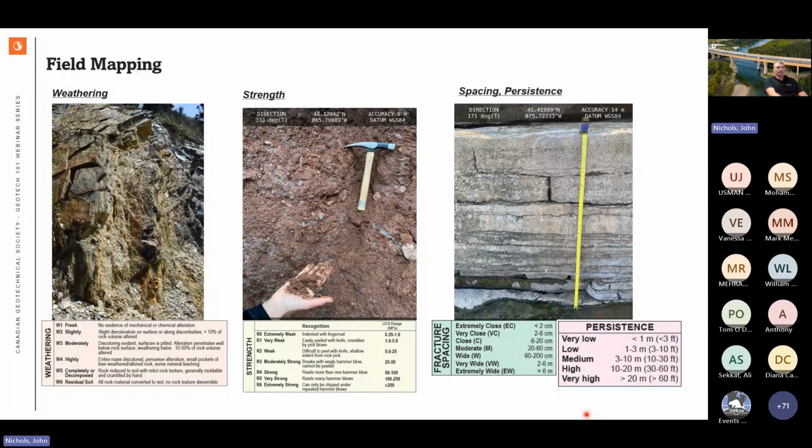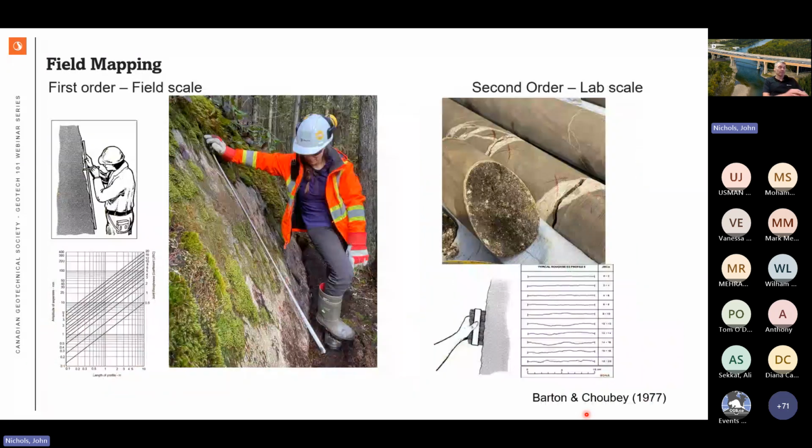So now we have those conditions. Another very important one is how the surfaces of these discontinuities interact. We can look at it from a couple of different ways. This is my colleague Rebecca here taking a measurement of this long discontinuity. We can look at it from a waviness. We can look at it from a field scale, first order, and you can apply certain shear strength parameters using those.